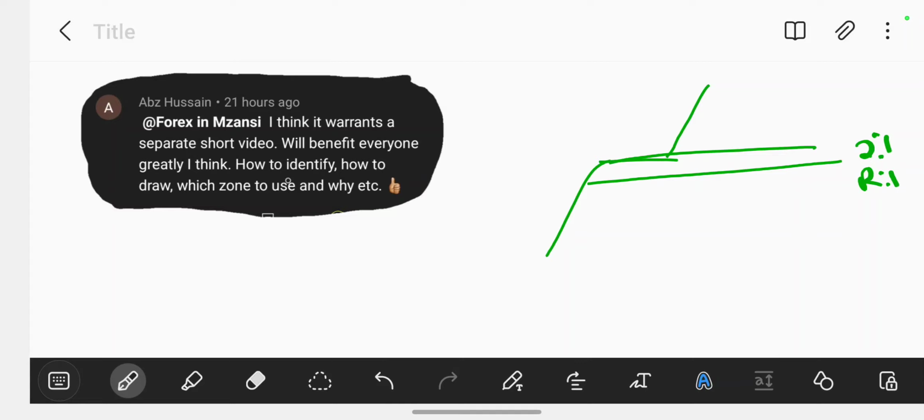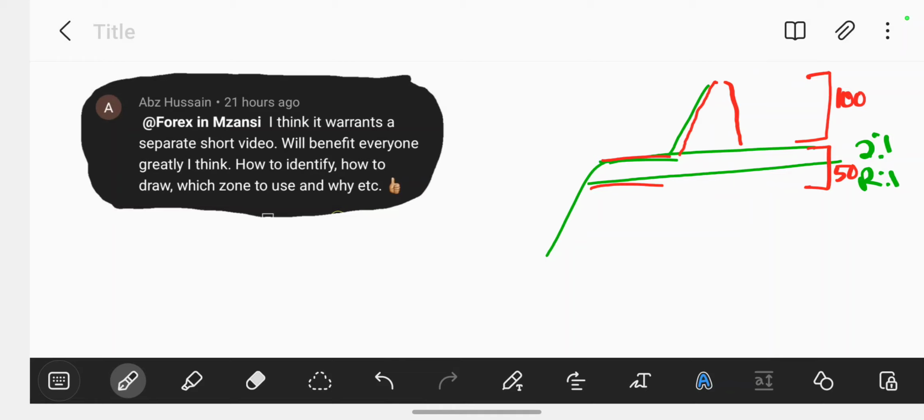Meaning that after we formed the zone, when you're going up, this part here, before we come back to test the zone, must be at least double where I'm going to put my stop loss. So if my stop loss is going to be at 50 points, at least the move must be 100. Why are we doing that?